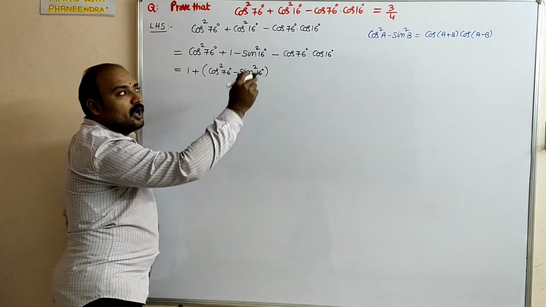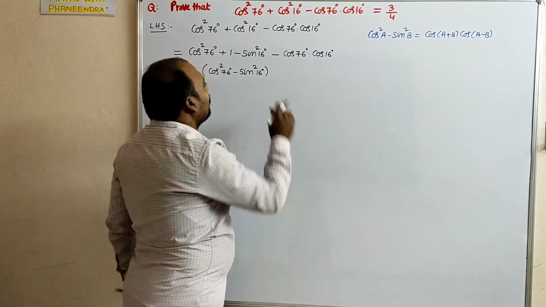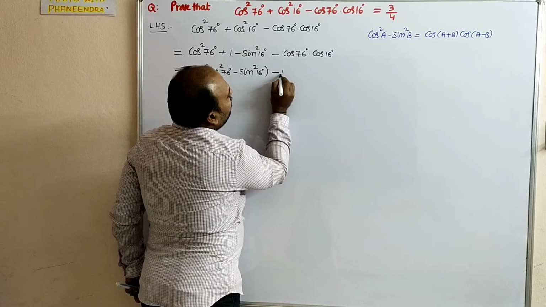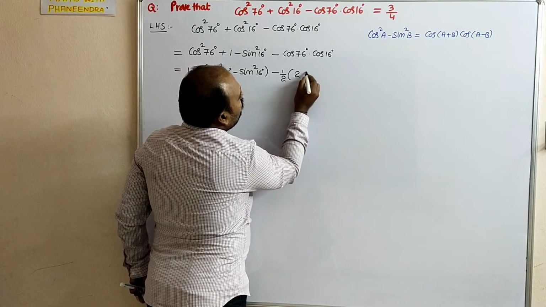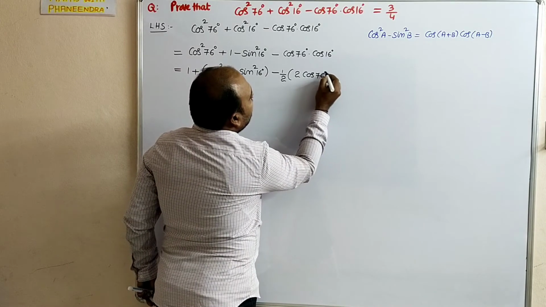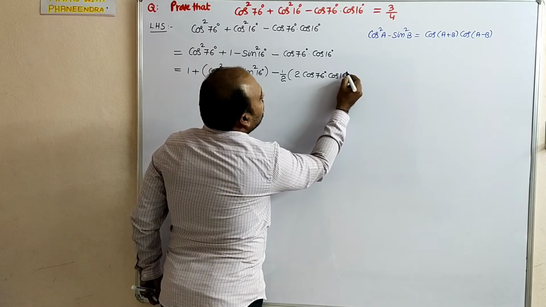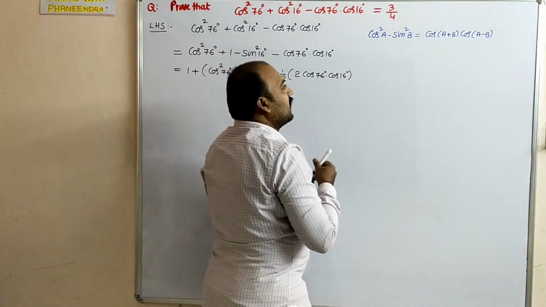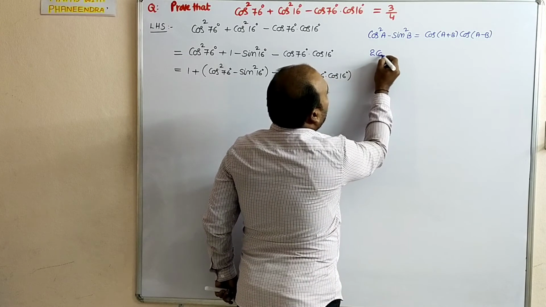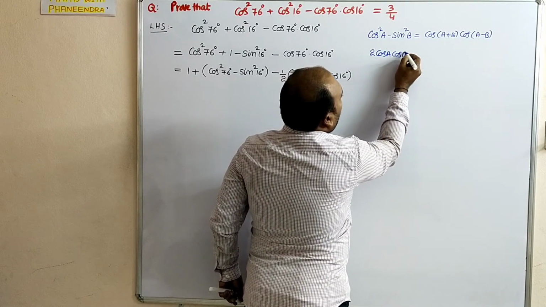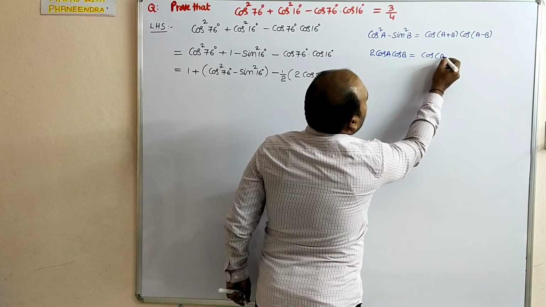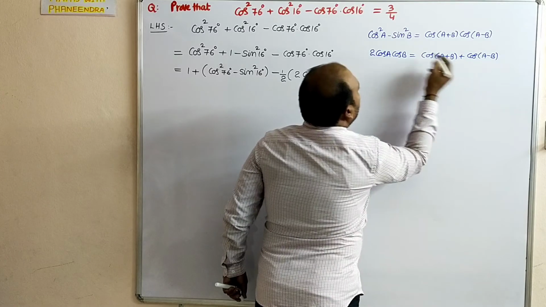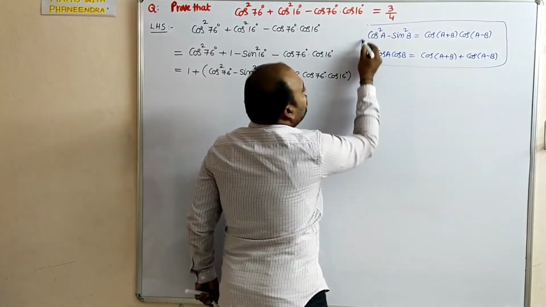In this step you have to apply this formula. Minus, here multiplying and dividing by 2 times cos 76 degrees into cos 16 degrees. This bracket value is in the form of 2 cos A cos B. The 2 cos A cos B formula also is there. 2 cos A cos B means cos of A plus B plus cos of A minus B. So these two formulas are very much required in this step.